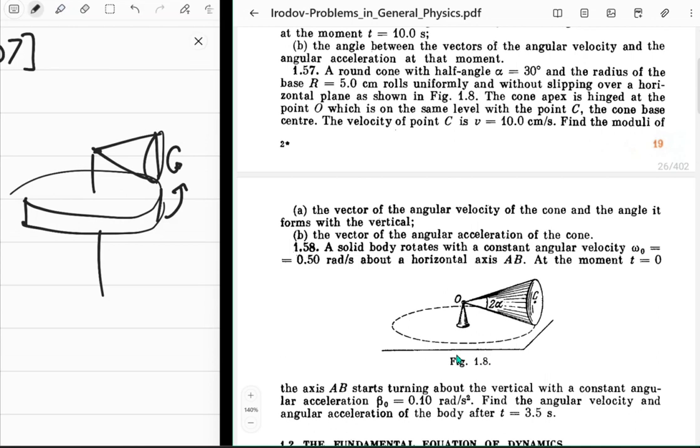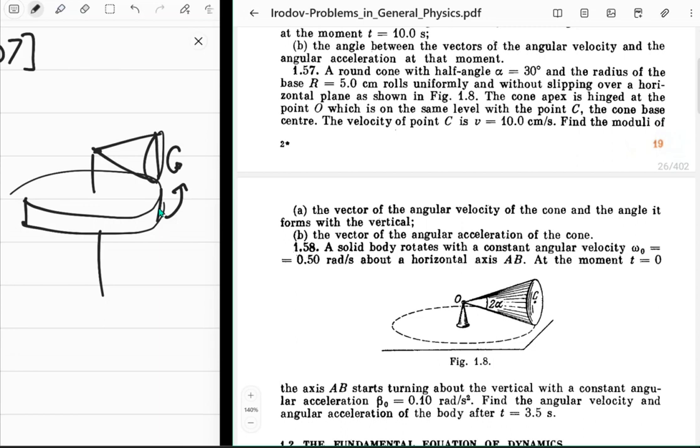So you just need to find the angular velocity of the cone in this frame, when this is rotating and everything, and then just add the angular velocity of this platform to that angular velocity, and we will have it. Isn't this just perfect? I think it is actually. Yeah, that probably does make sense.